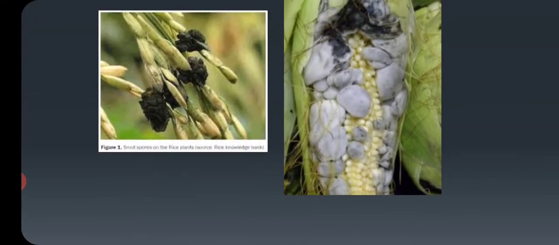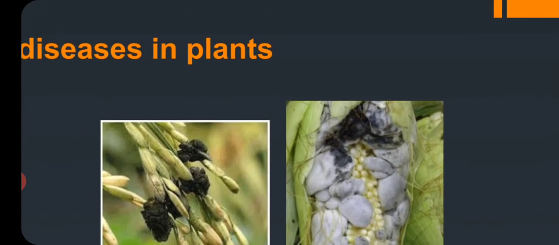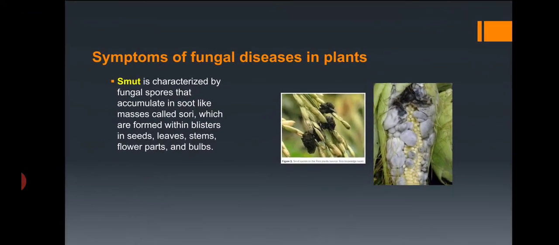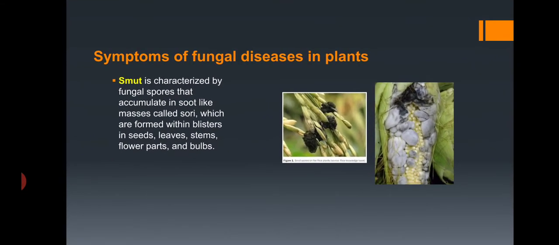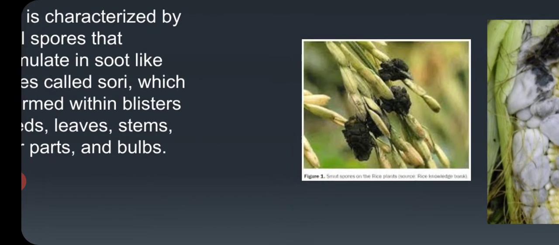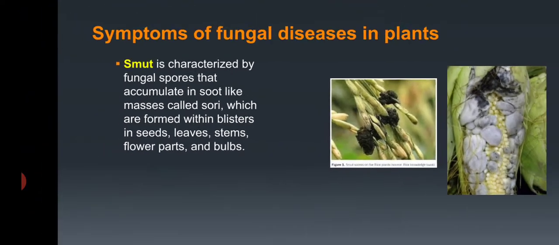Here we can see the white sporangial mass, then later on maturity the spores mature and appear as black soot, with a soot or wart-like appearance. Such a symptom is called smut. The first example here is smut produced on the panicle of Oryza, that is rice.